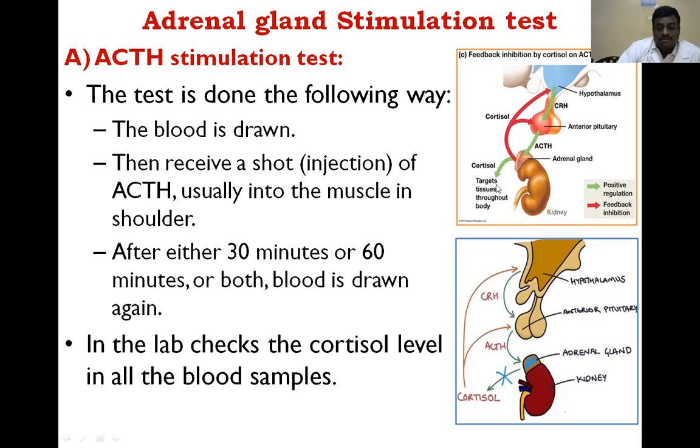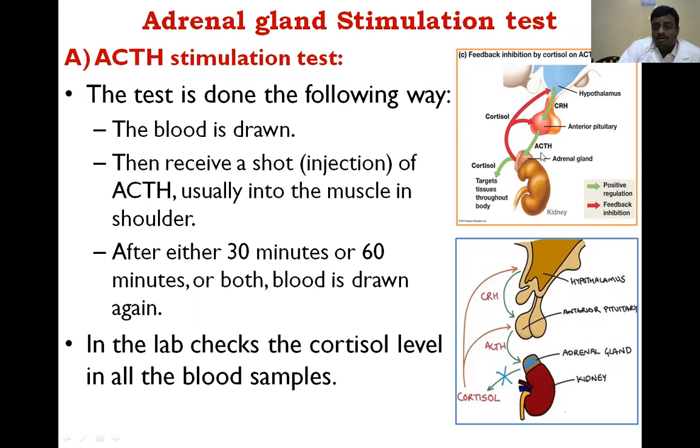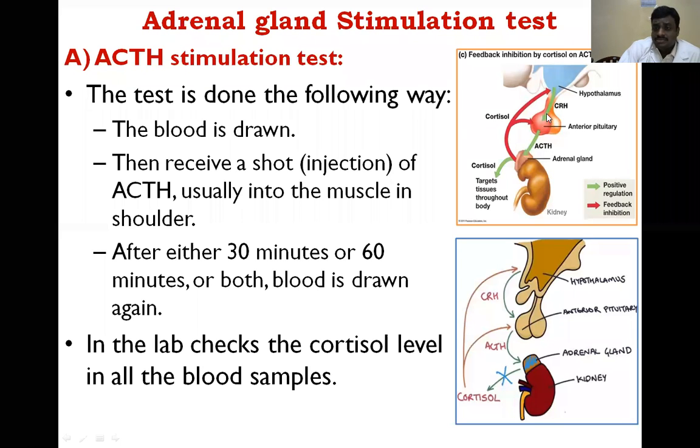So the first test is the adrenocorticotropic hormone stimulation test. In normal patients, adrenocorticotropic hormone released from the anterior pituitary gland acts on the adrenal gland. But here the adrenal gland is not producing adrenal hormones.